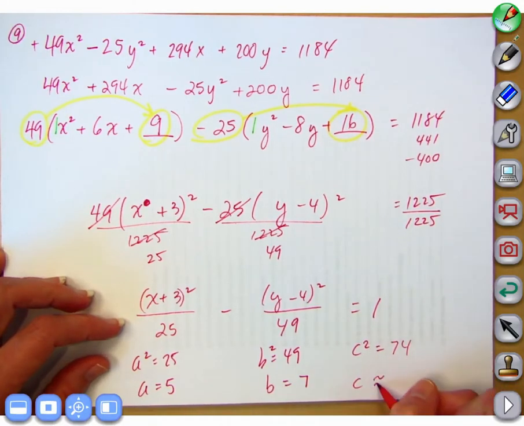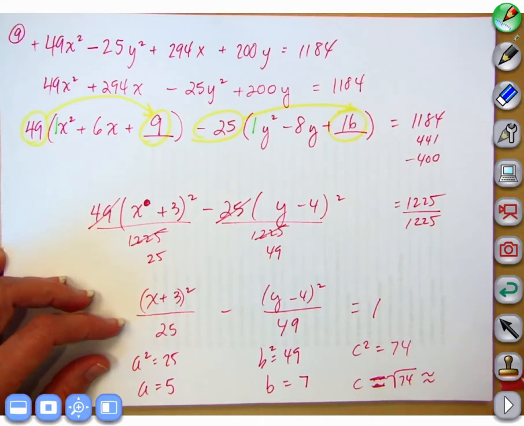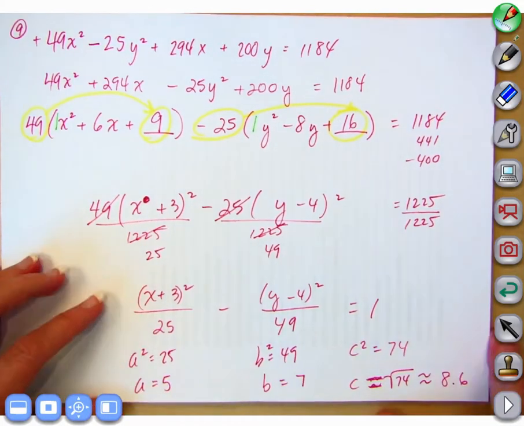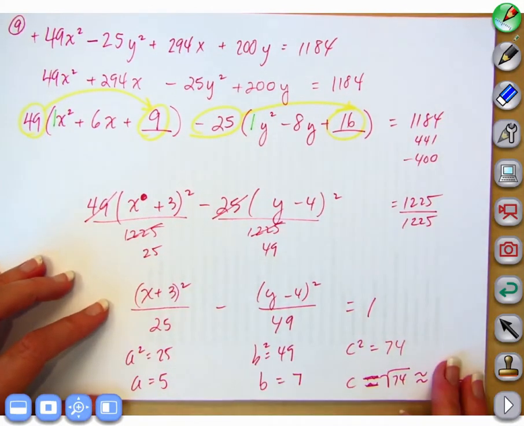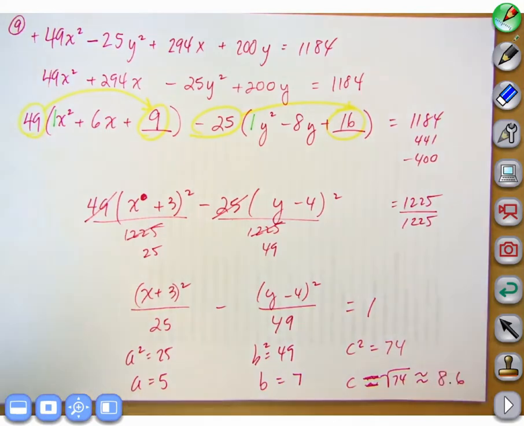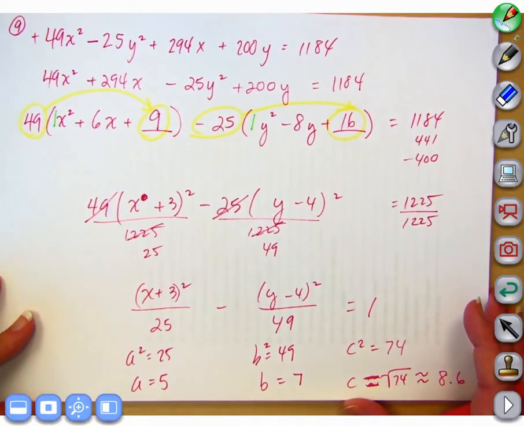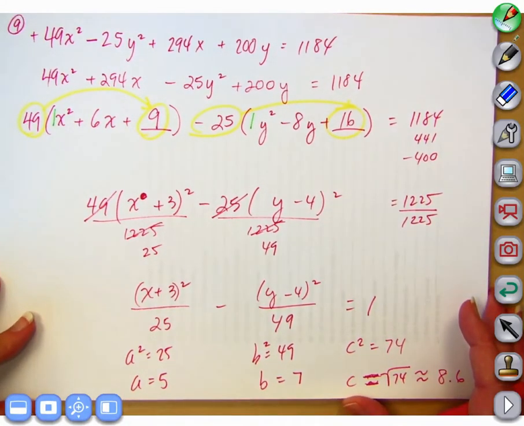C is, we'll just first of all say, square root 74, and that is approximately 8.6. And we need those values in order to graph it from there. Questions to there? Are we good? That's a lot of super big, bad, nasty algebra going on right there, okay?